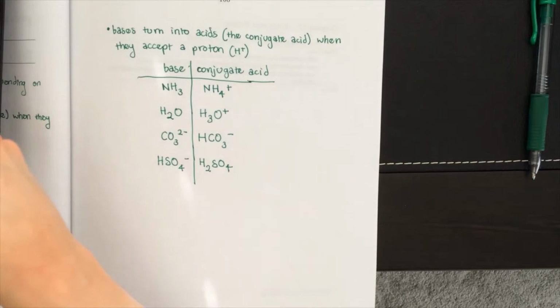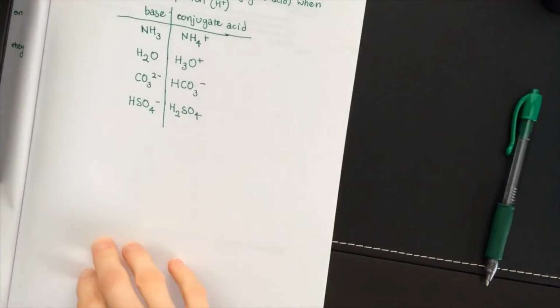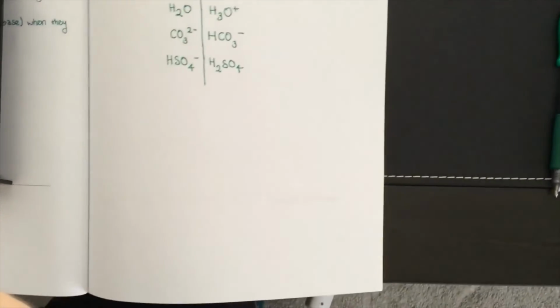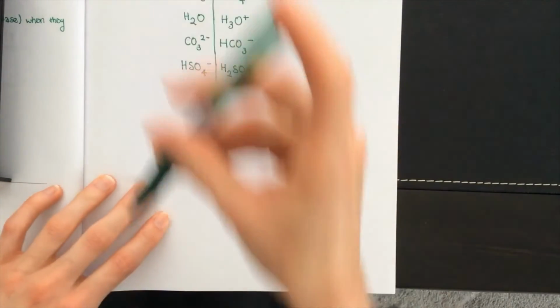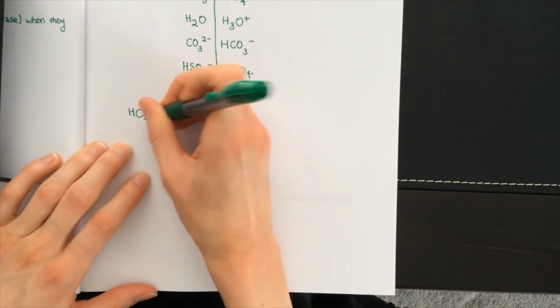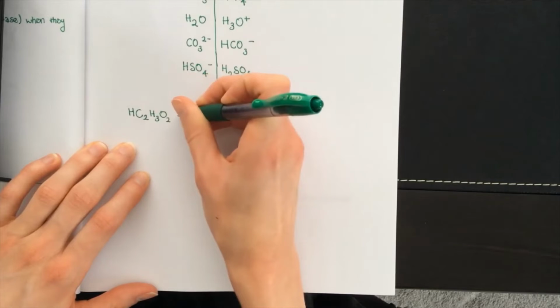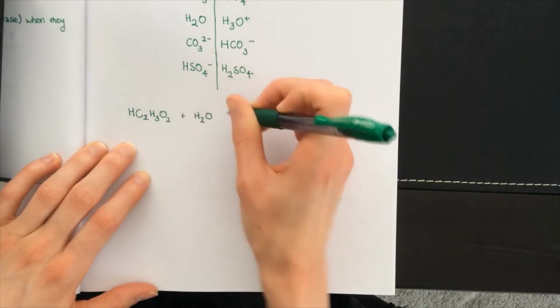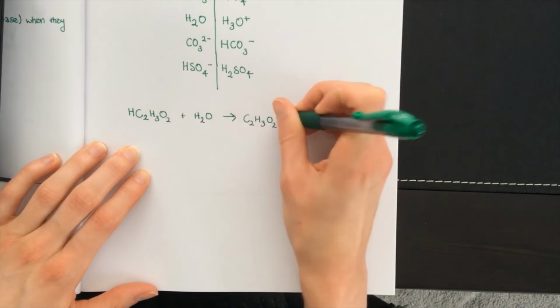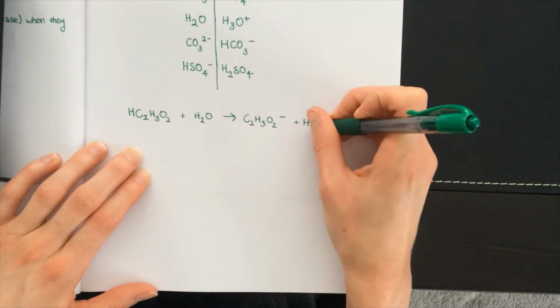A couple other things you need to be able to do with this. You need to be able to look at a reaction and figure out what is the acid, what is the base, what is the conjugate acid, and what is the conjugate base. So let me write out an equation and we'll talk about this. Let's say we have HC2H3O2 plus H2O forming C2H3O2 minus plus H3O plus.